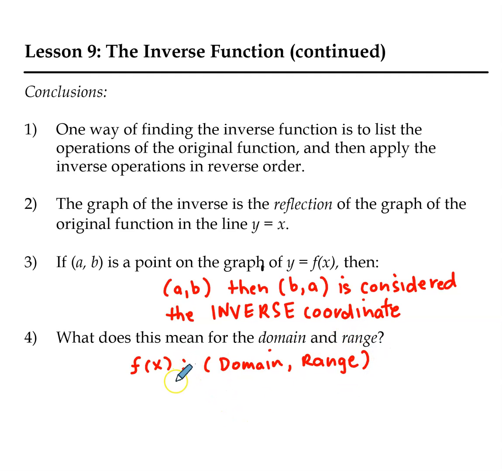If we're considering the inverse function, then the range becomes our x values, the domain, our y values. Let's go back and take a look at the curve we just generated.